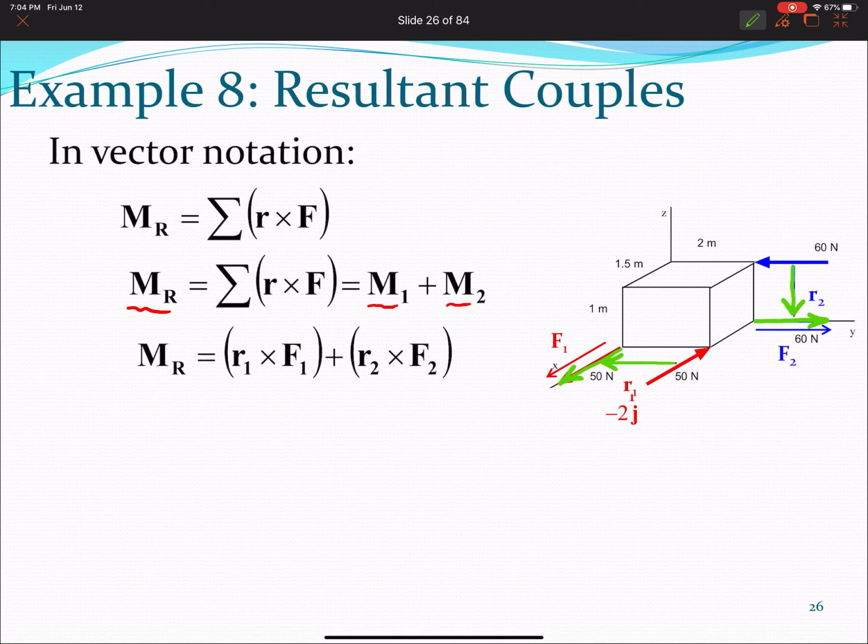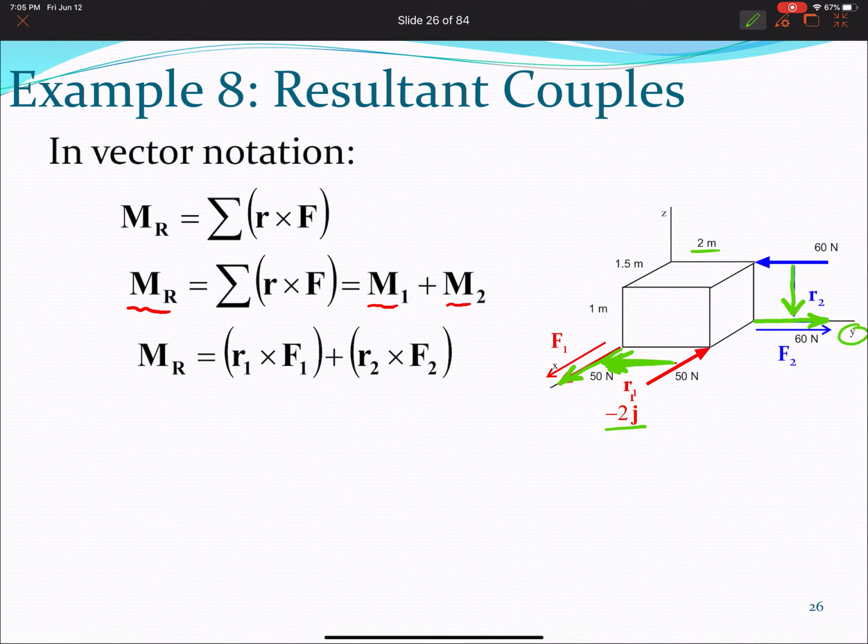So for the red couple, I have that my position vector is just minus j hat. You can see that my vector goes to the negative sign of y, so it goes with minus j hat, and it has a magnitude of 2, so the position vector is minus 2 j hat.